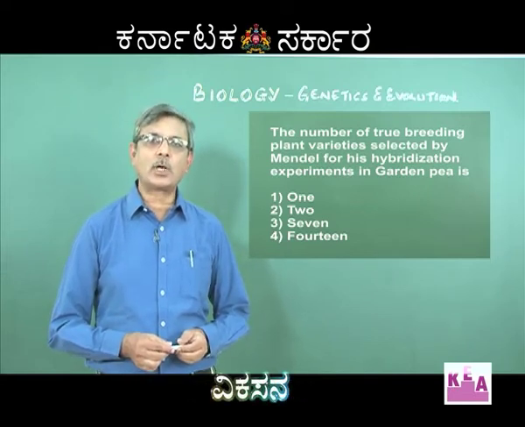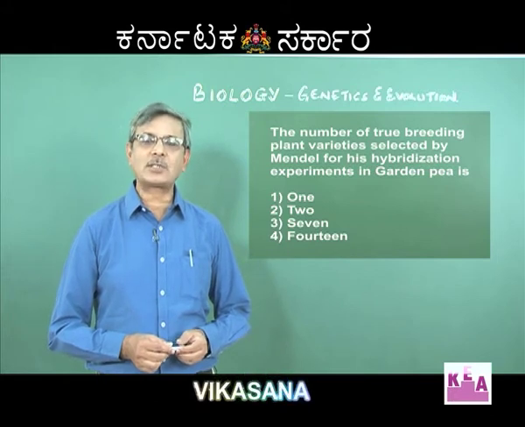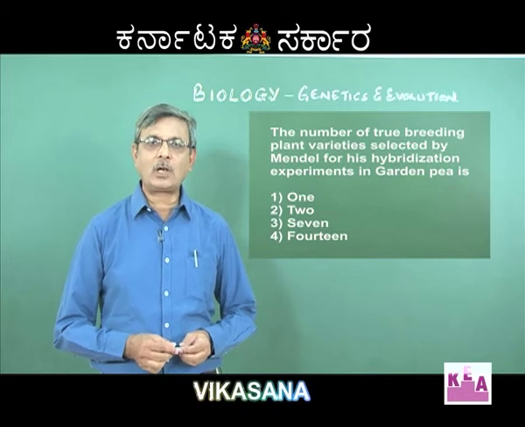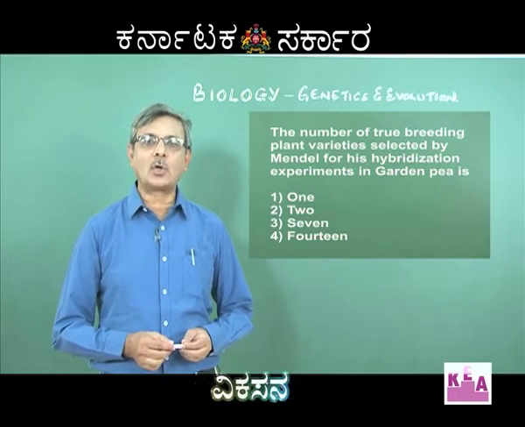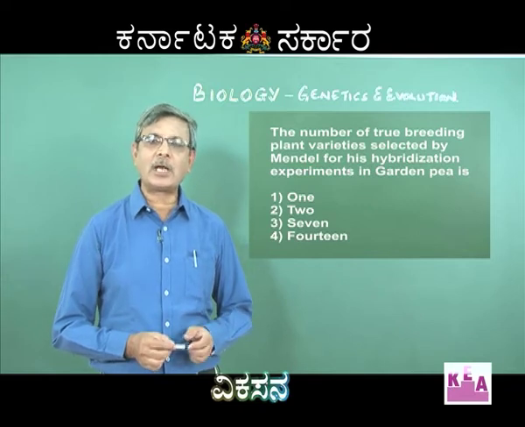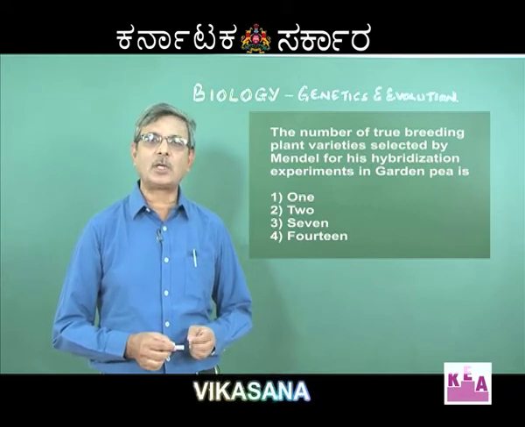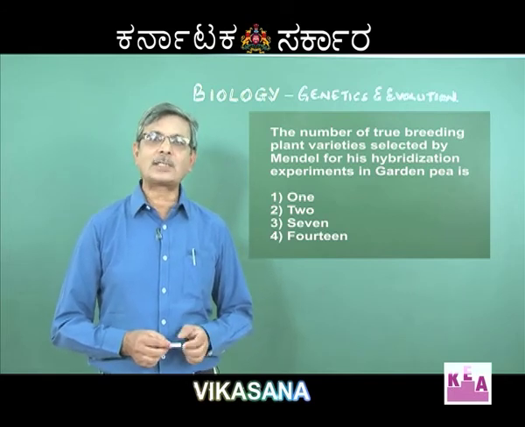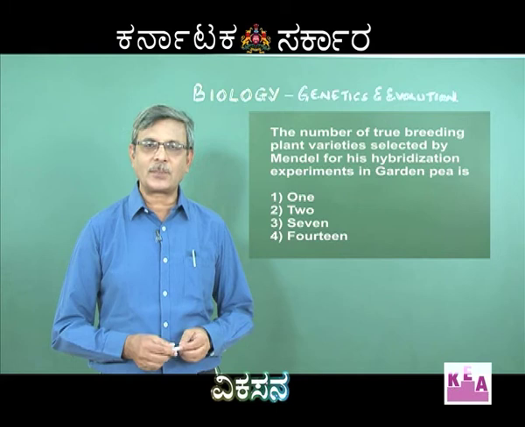He was the person who conducted plant hybridization experiments using Pisum sativum. He worked on 7 pairs of contrasting features, that is 7 characters, each with a pair of contrasting features. We call contrasting features traits.